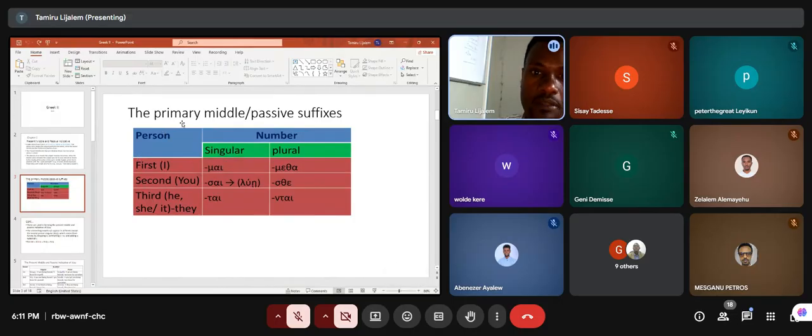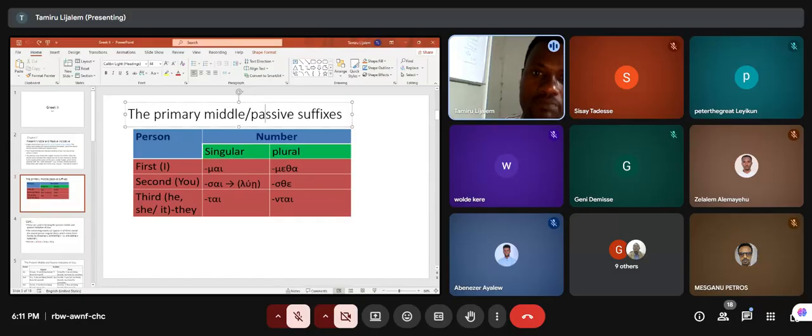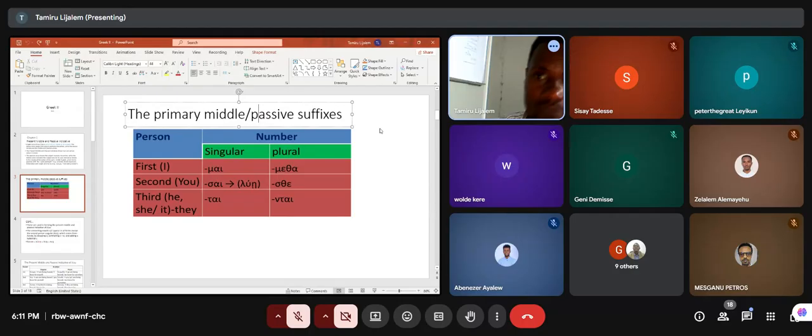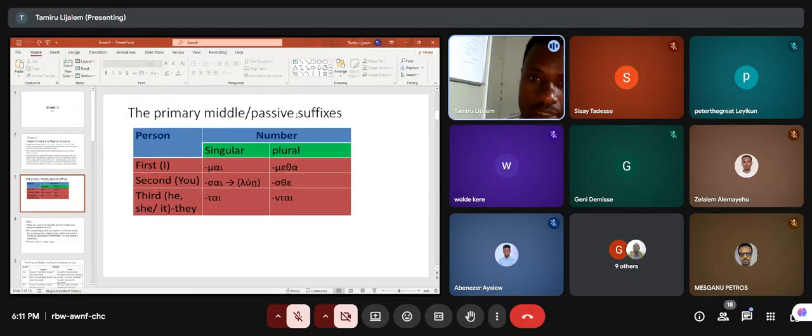They show the voice, either middle or passive. So we need to be careful about these endings or suffixes. Suffixes means the word that is added after the stem. We call that the stem.